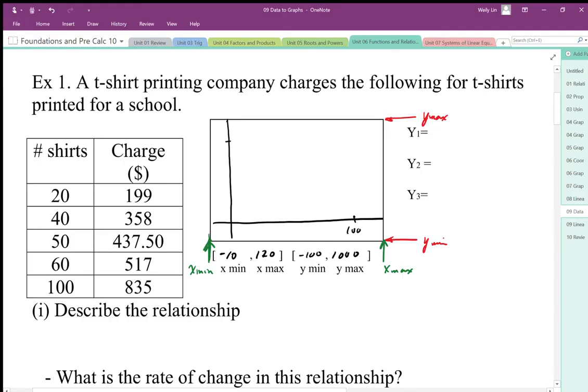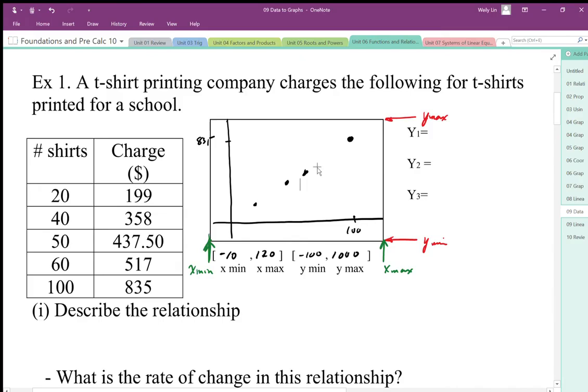835 would be somewhere around here, so then I have my coordinate here. And then I can just estimate where those other points are. So 20, 199, maybe somewhere around here. 40, 358, somewhere around there. I know it's going to be a straight line, so I know they're going to fall along that straight line pattern.